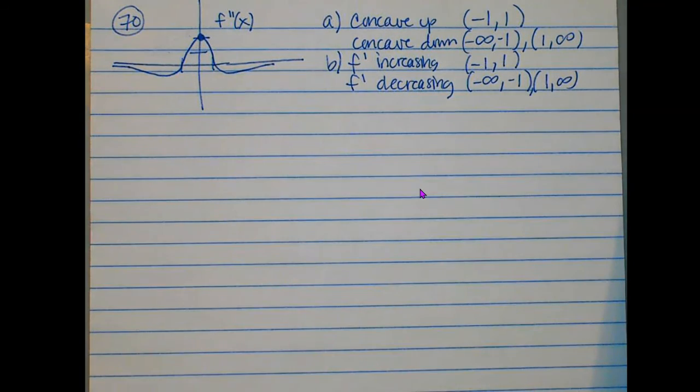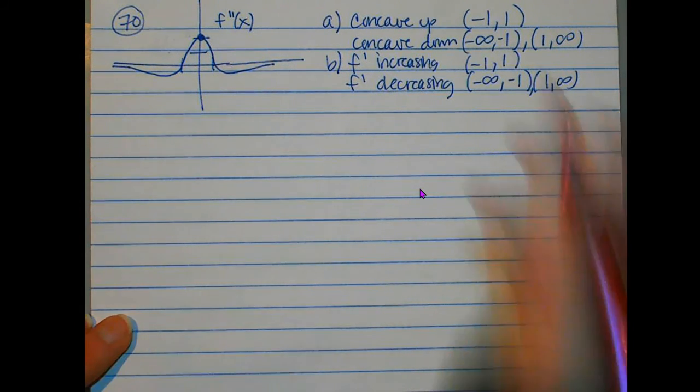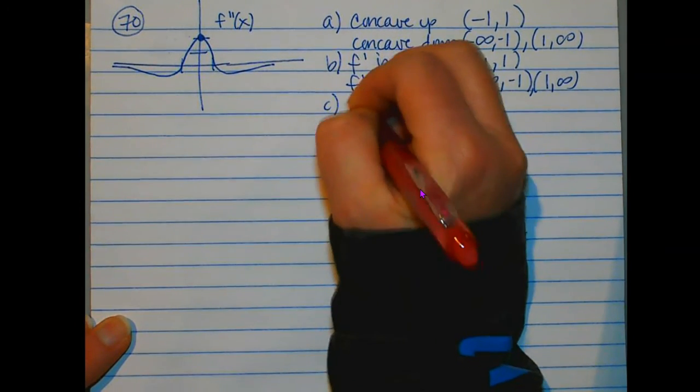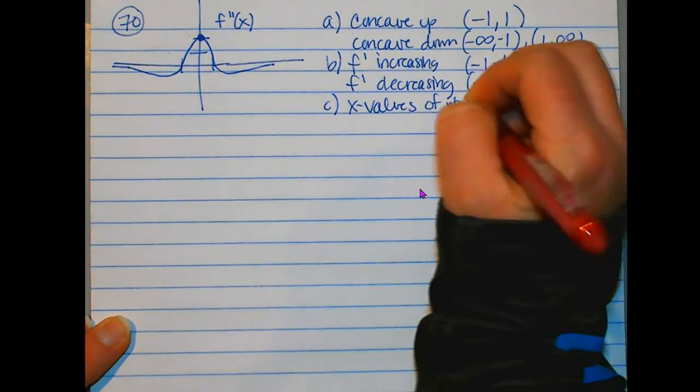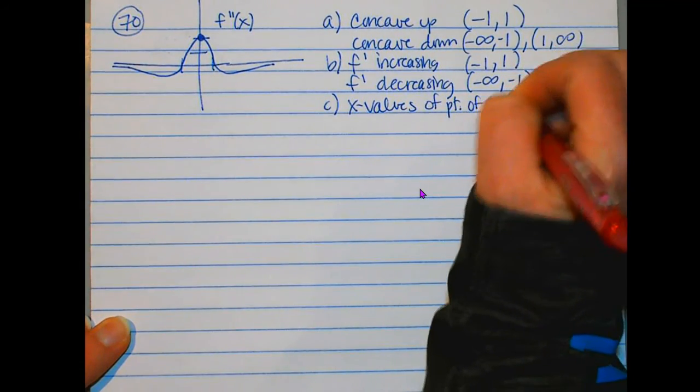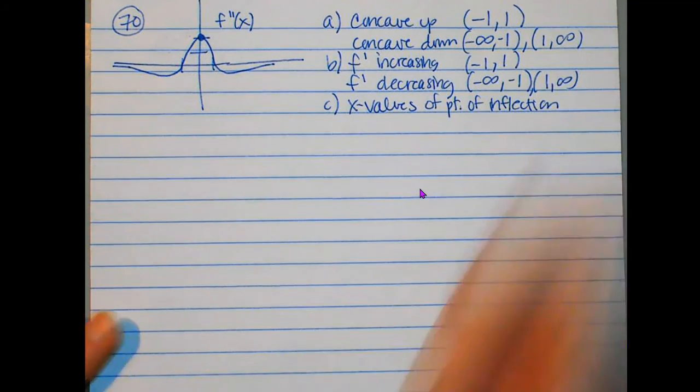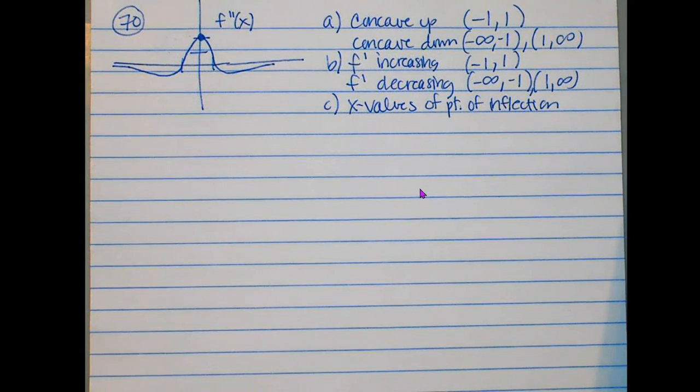Okay, and then it says C, the x values at which the graph has a point of inflection. C, x values of the point of inflection. In order for it to be a point of inflection, it has to change concavity. And what has to be equal to 0?